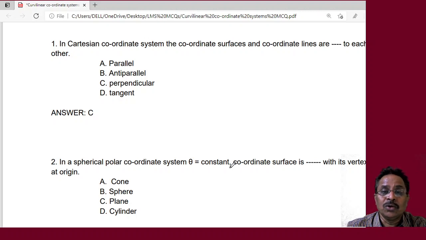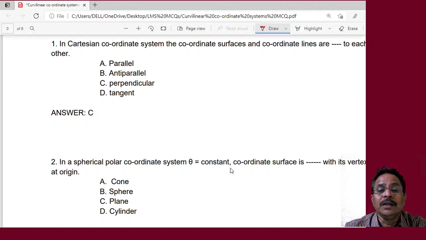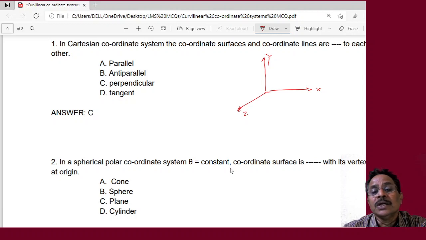So you have drawn this diagram earlier. We show in the case of Cartesian coordinate system, there are 3 axes: x-axis, y-axis, and z-axis, or you can take any orientation. The plane made by x and y has z equal to 0. So this is called the coordinate surface z equal to 0.